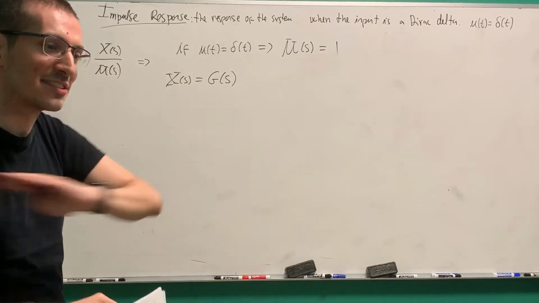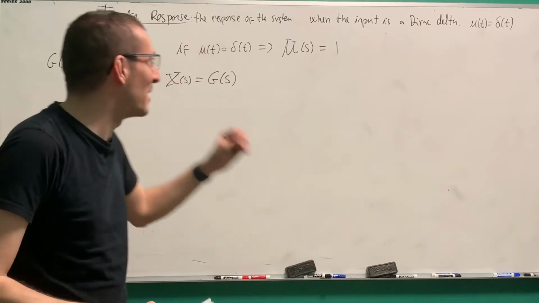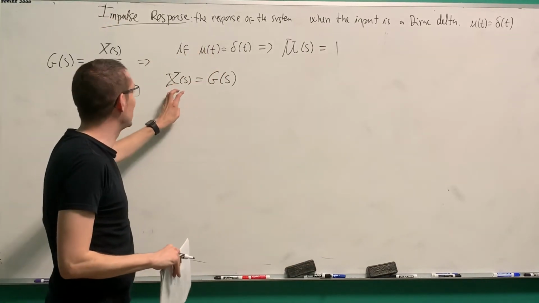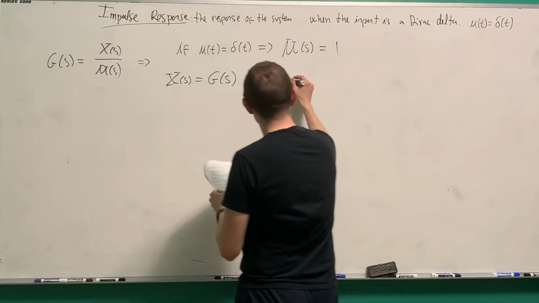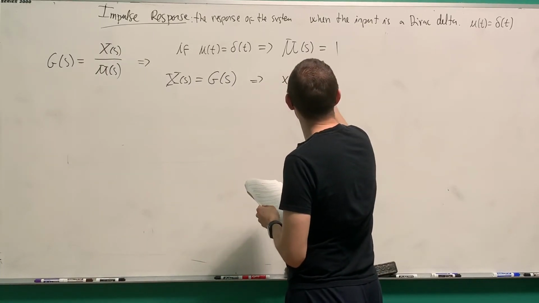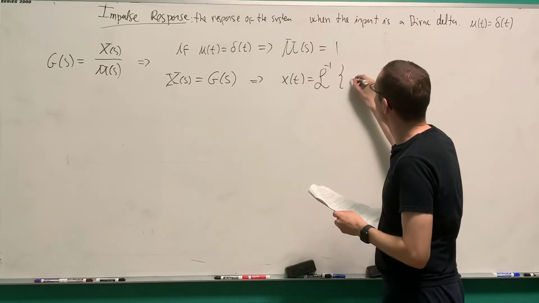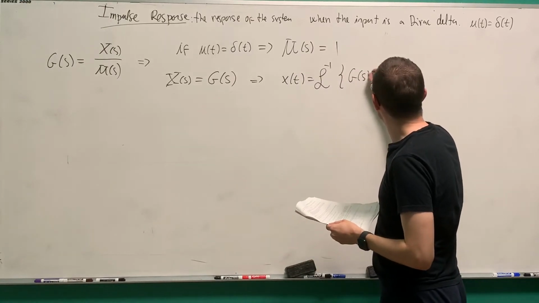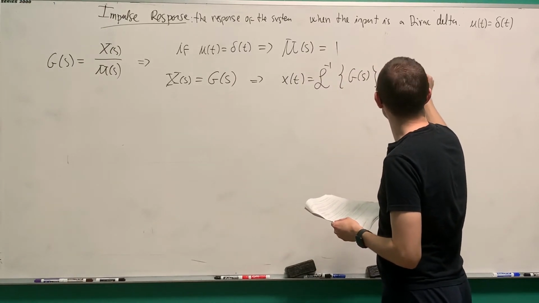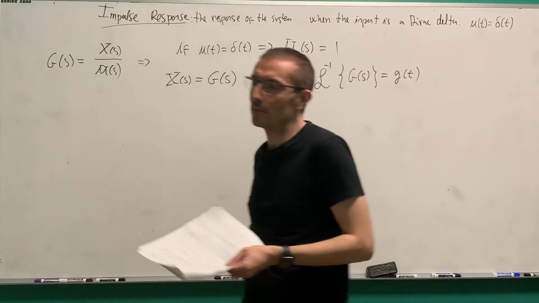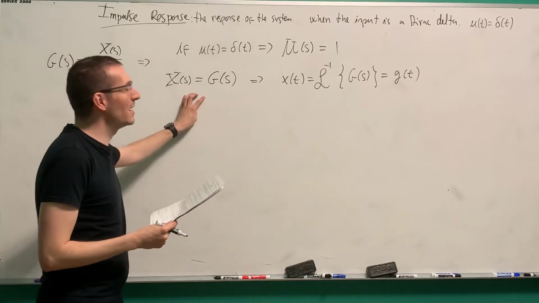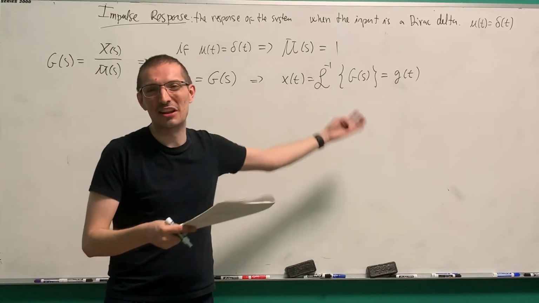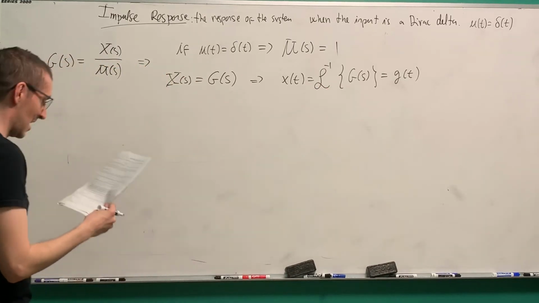Remember, the transfer function is the same no matter the inputs, but if the input is a delta, it so happens that the output is the transfer function. That also means that x of t would be equal to the inverse Laplace of G of s, which is the transfer function in the time domain. Of course, if they're equal in the Laplace domain, they're equal in the time domain. S domain, I call it Laplace domain, t domain, I call it here time domain, all right?